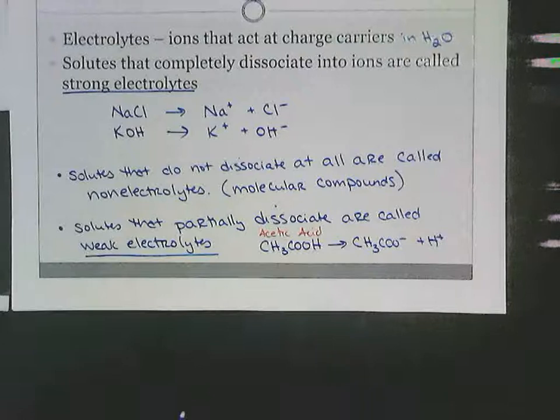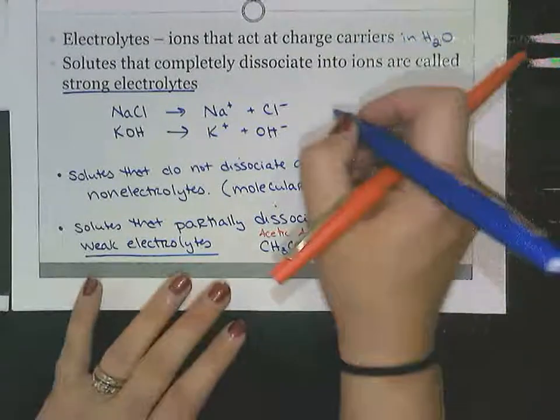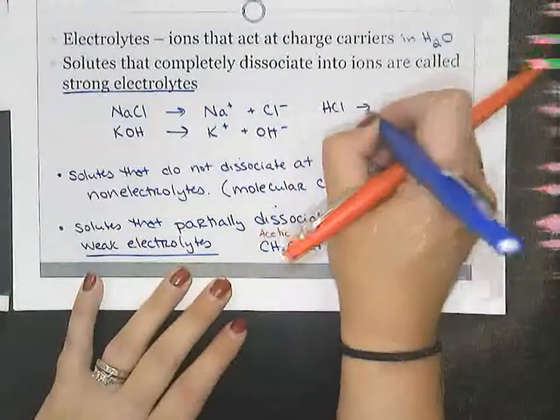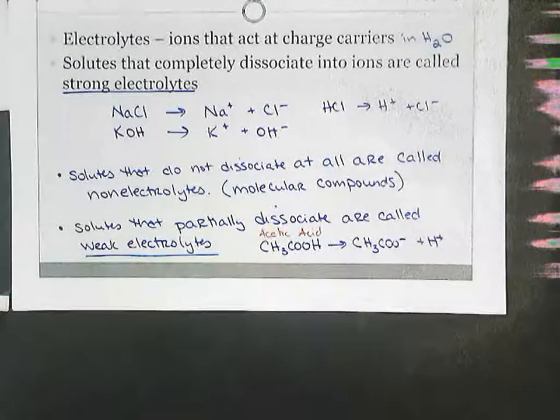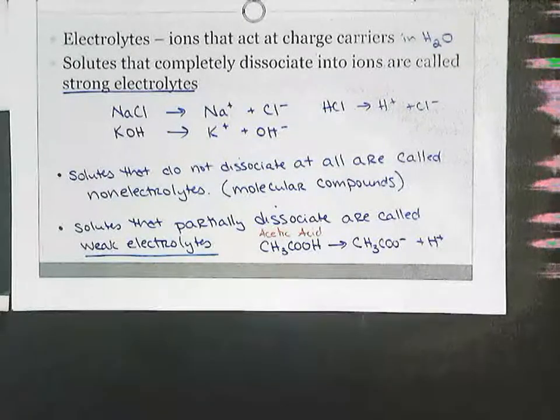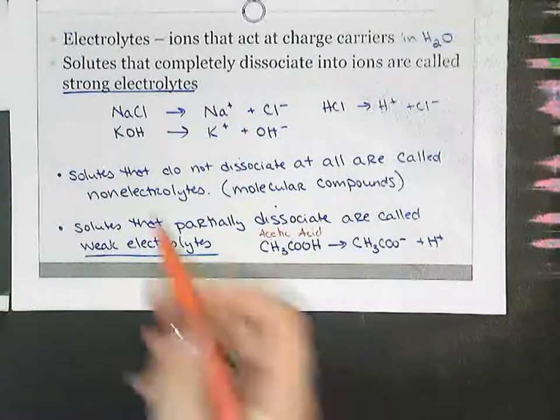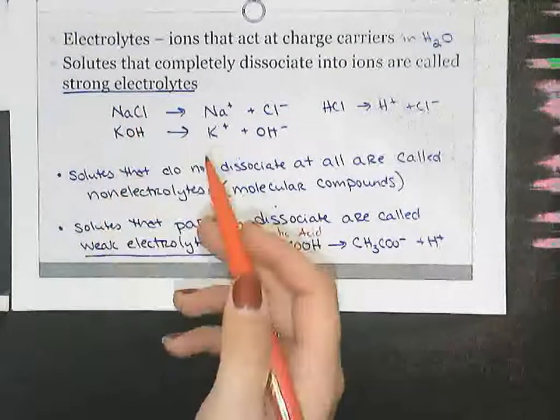Let me put another one up here. What does anyone know about hydrochloric acid? Any fun facts about hydrochloric acid? It's burny. It is definitely burny. It is a strong acid, right? Considered one of the strong acids. Well, it turns out that strong electrolytes are often strong acids or strong bases.